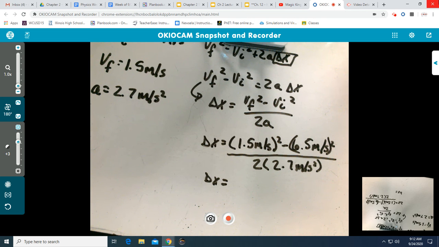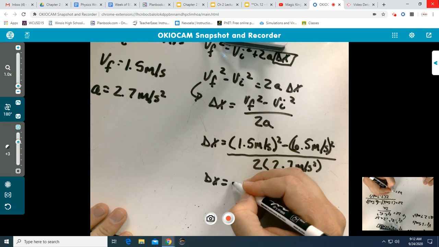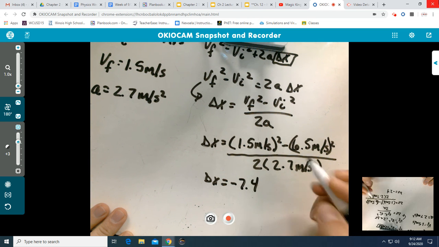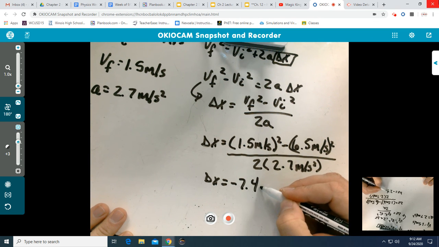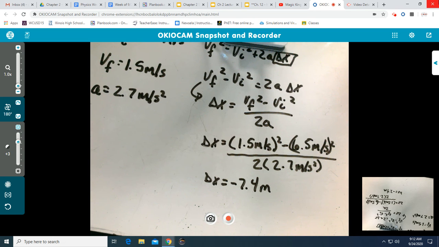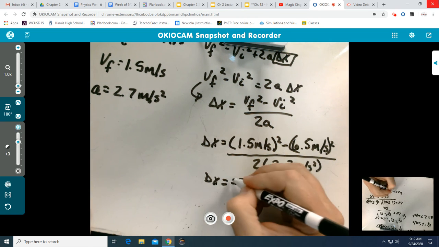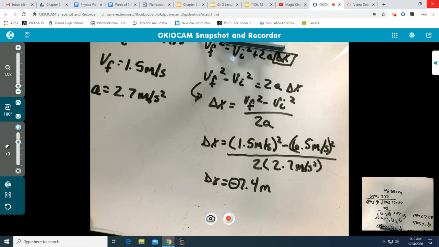You already got it back there? What do you got? And what unit is it? Okay, so negative 7.4. But let's put that in terms of a direction, because we got this sign there.